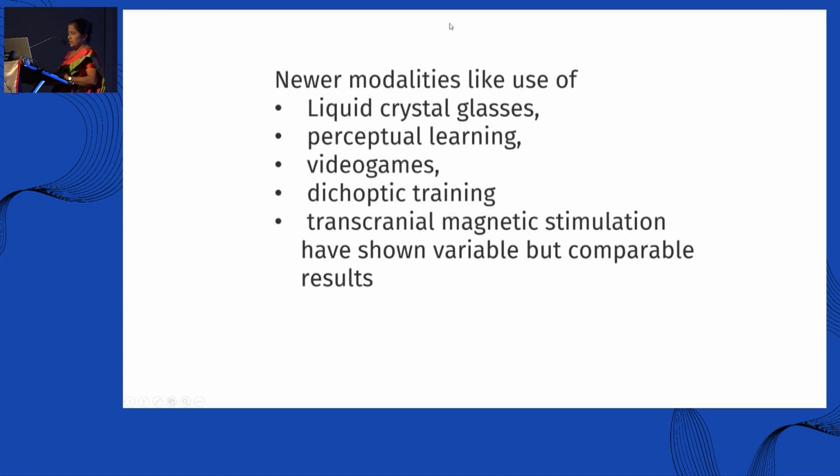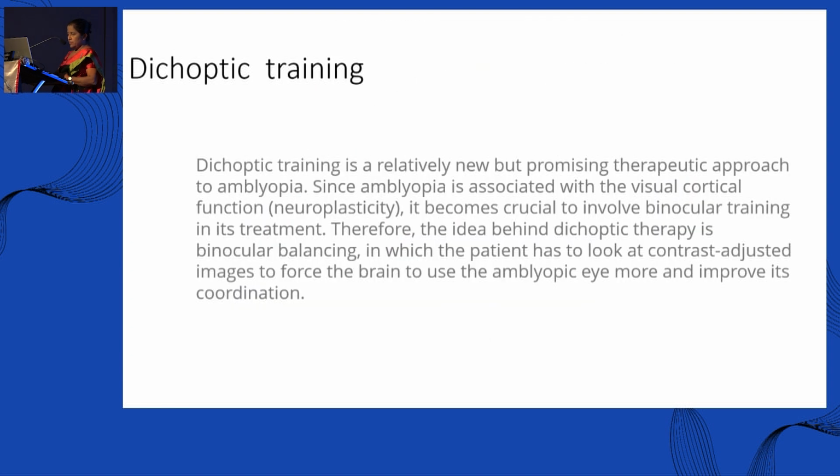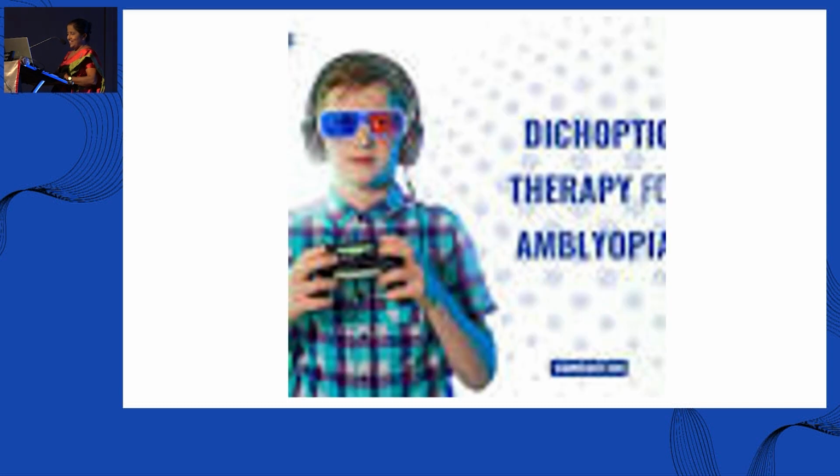And there is what is called dichoptic treatment, dichoptic training, when you are using the liquid crystal glasses. You can use both eyes together, and you can ask them to use video games so that they will be happy to use it like this. The two eyes are separated, but at the same time they are using the two eyes together as well.